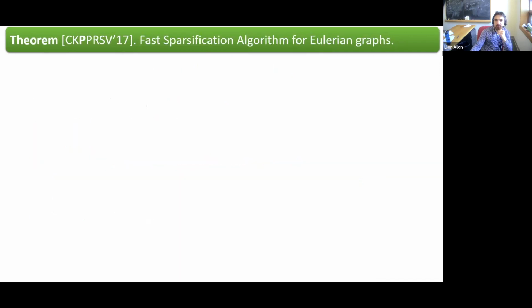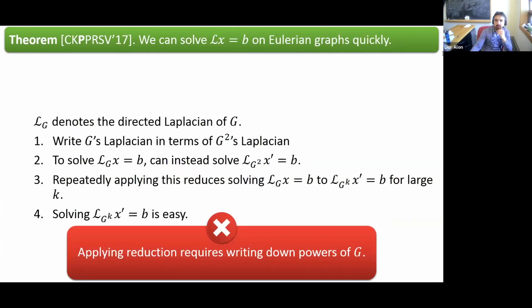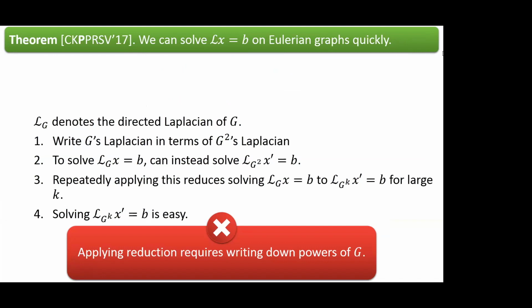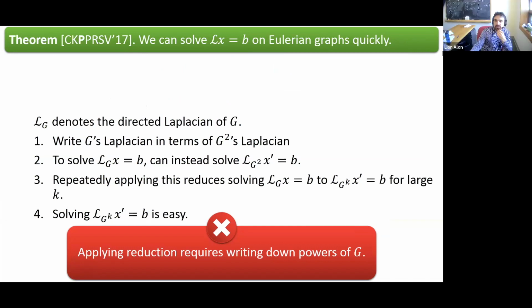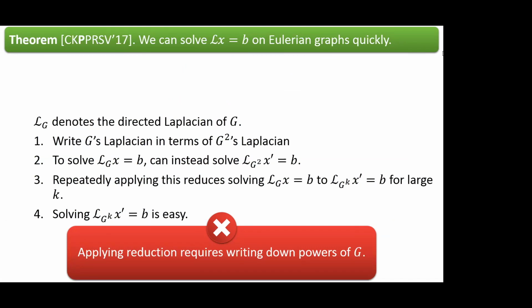Just to understand, when you write G to some power, you mean the matrix to some power? So I mean the walk matrix to some power. In other words, it's the graph that you get by, for simplicity, assume that the out degrees are all 1. So in that case, the weighted out degrees are all 1. We've normalized things that way.